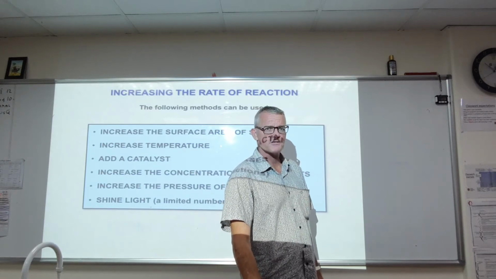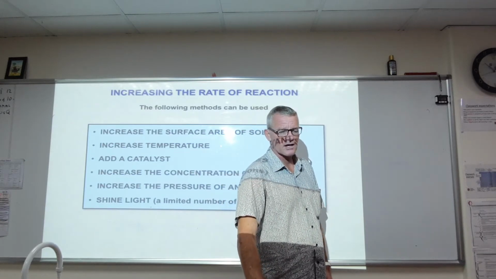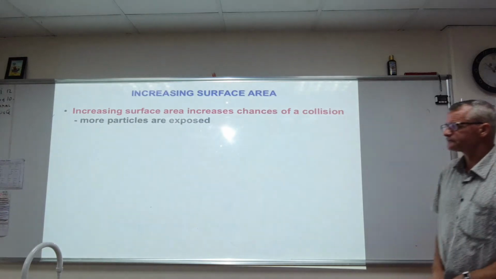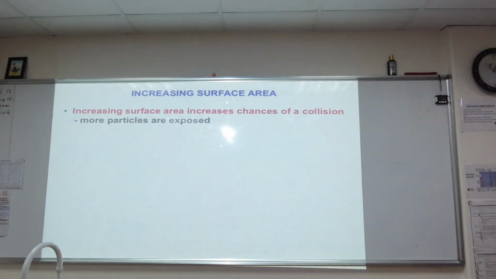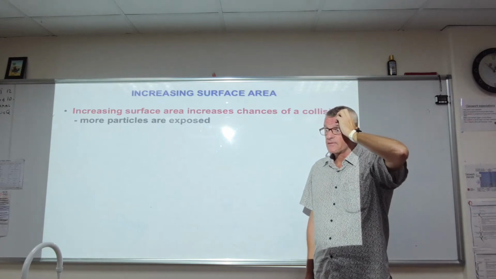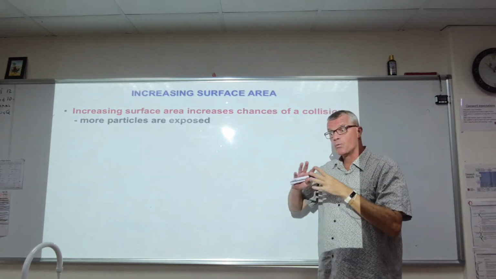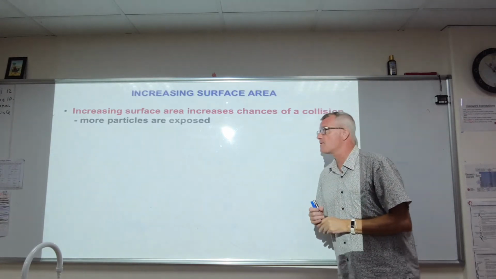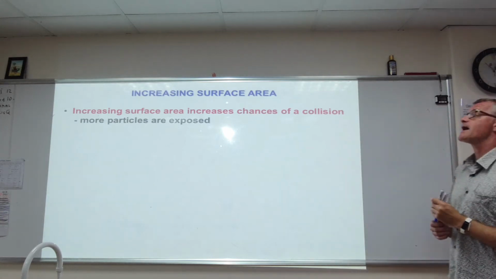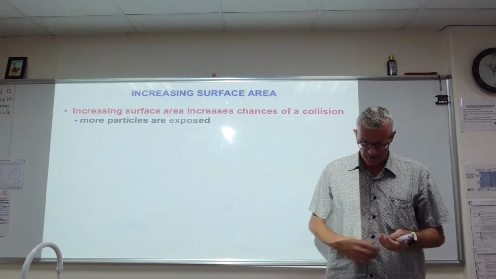Okay, let's first talk about how we can increase the rate of reaction by increasing the surface area. When we increase the surface area, we have a way bigger surface area. That means that more particles are exposed to each other.